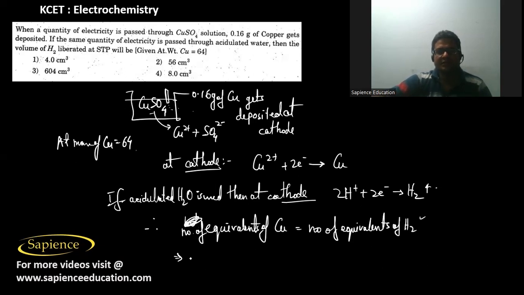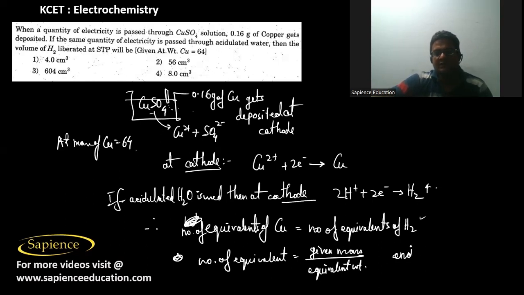The number of equivalents is the given mass divided by the equivalent mass, or equivalent weight.